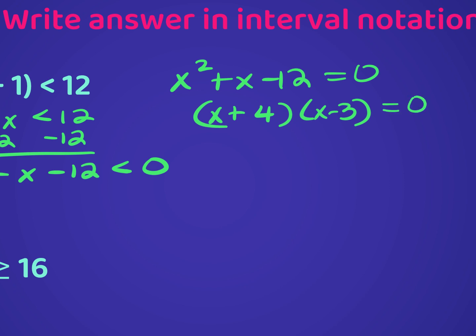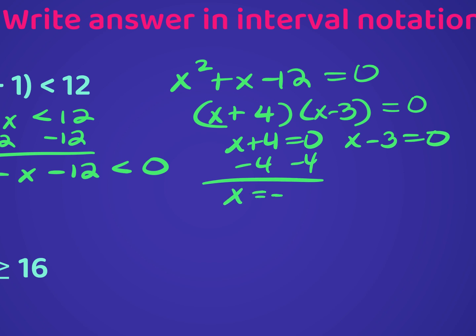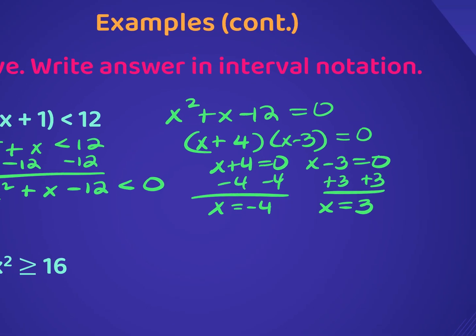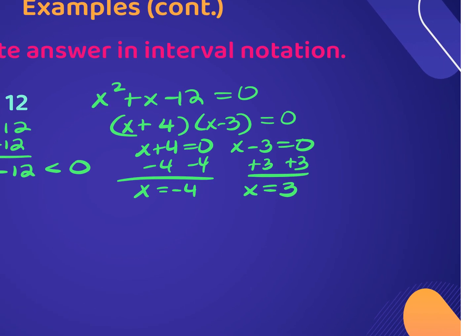I now take each of the binomials, set them equal to 0, subtract 4, X equals negative 4, add 3, X equals positive 3. Now, these are going to be where I break apart my number line. So here, I'll draw the number line, put them on the number line least to greatest.